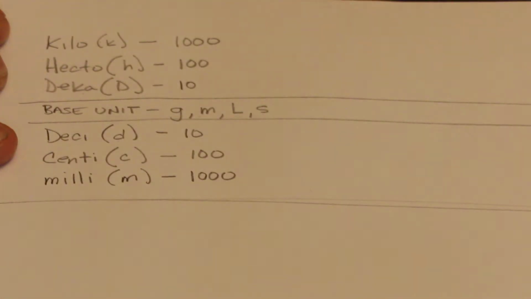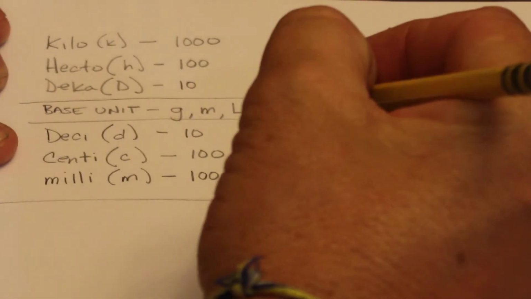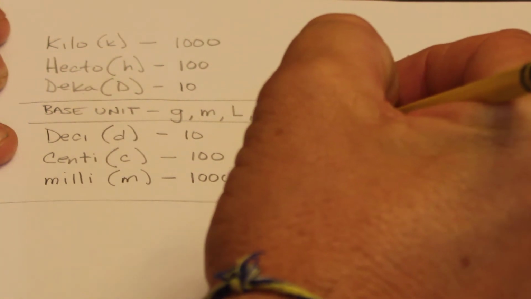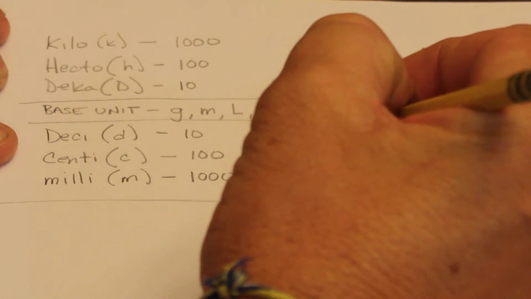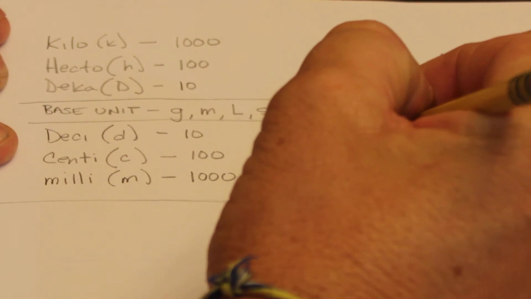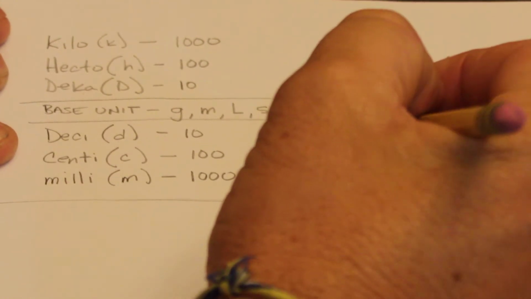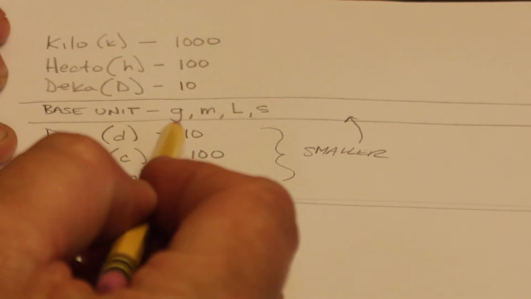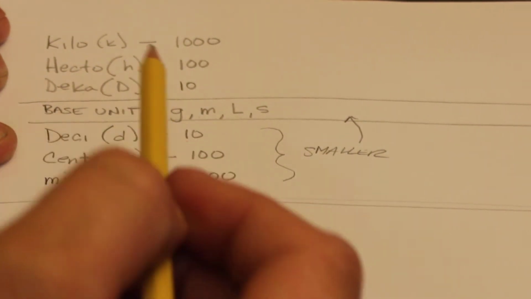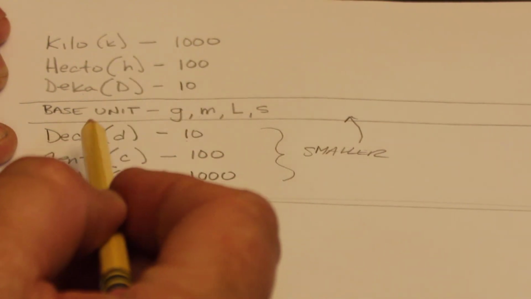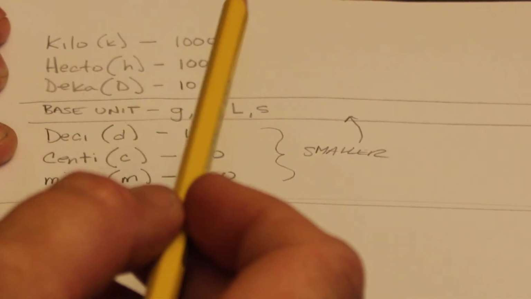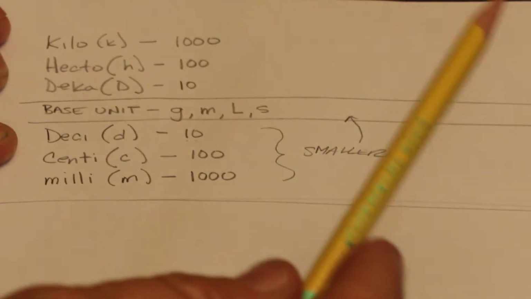But the key to this is that all of these down here are smaller than the base unit, meaning decis are 10 times smaller than the base unit. So for example, I know that a decigram is 10 times smaller than a gram.